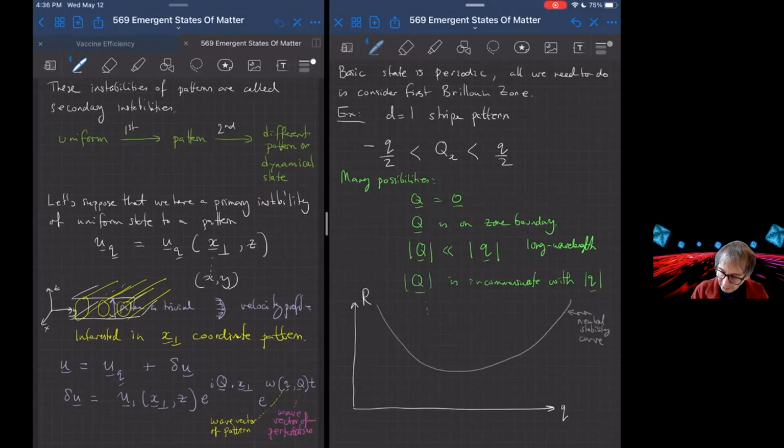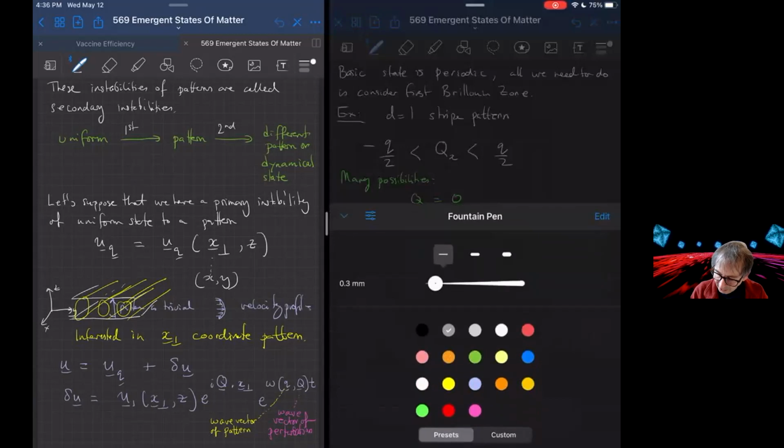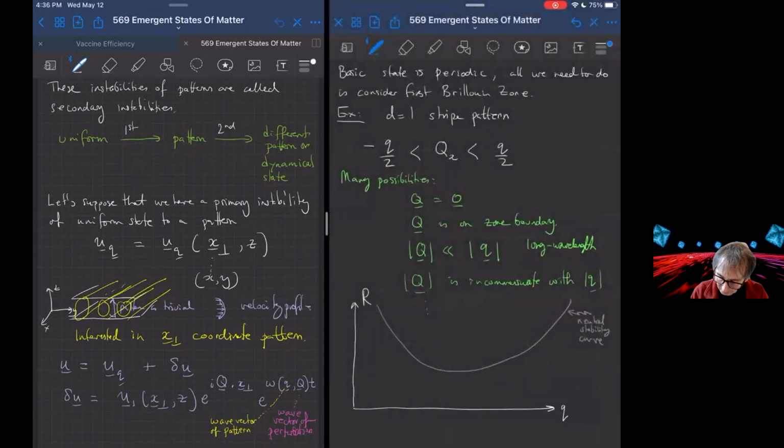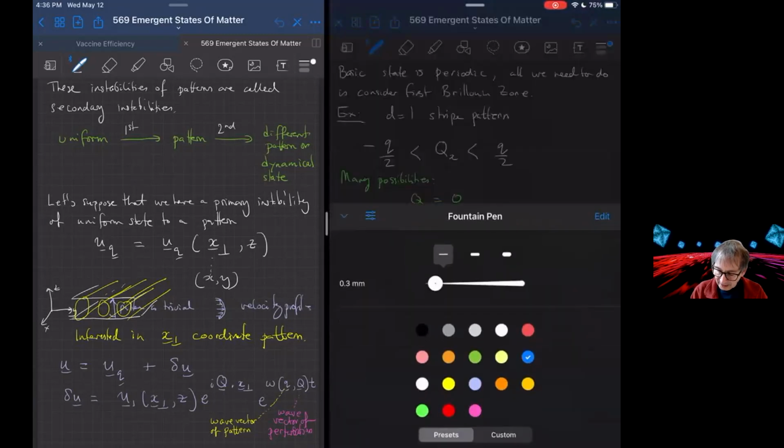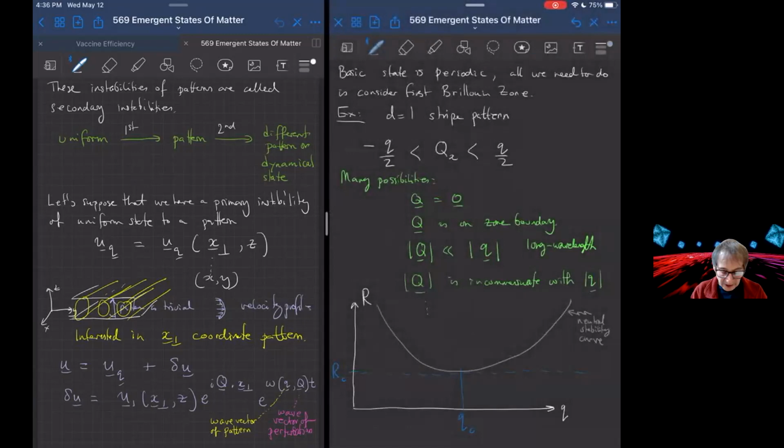From knowing the neutral stability curve, I can read off what R_C is, and therefore I can read off the critical wave number q_C.